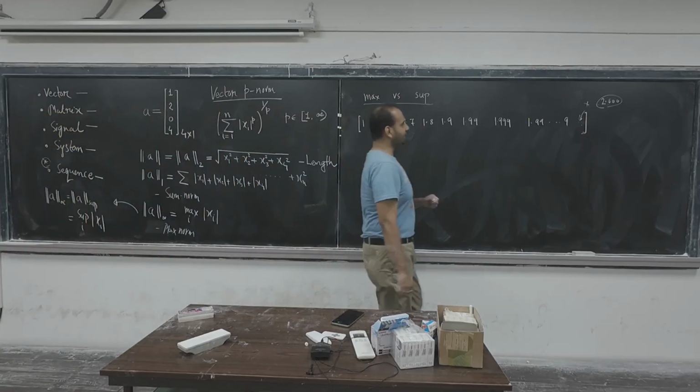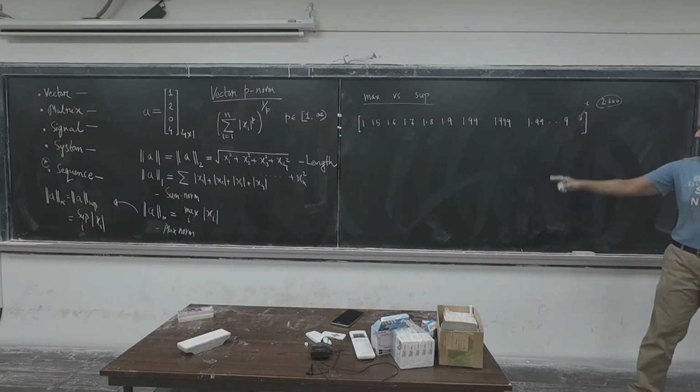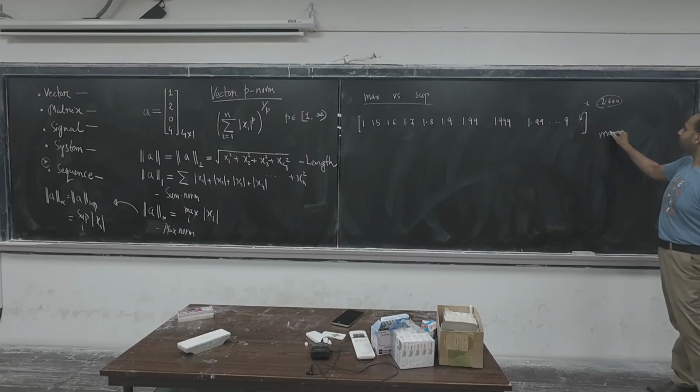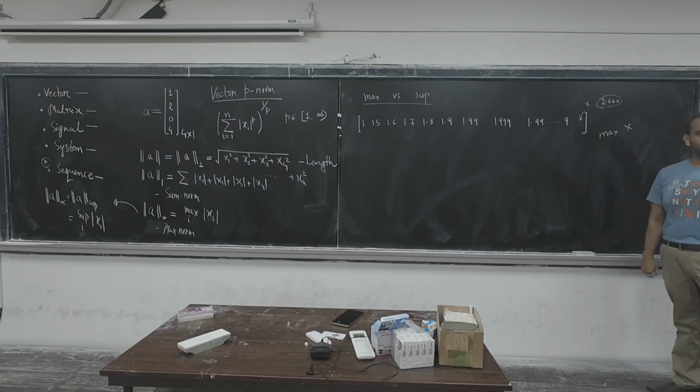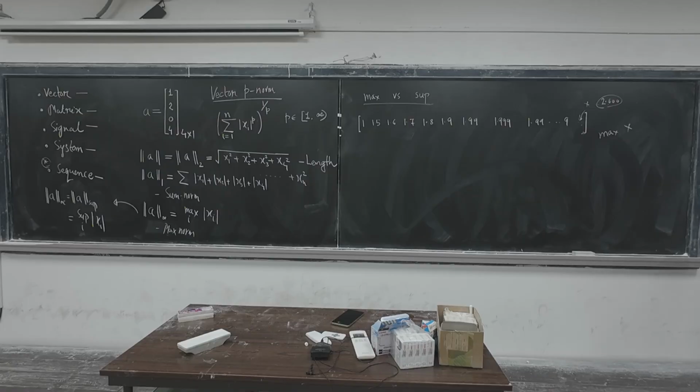For such a set, usually we don't write max because this is continuously increasing. If you apply the limiting value, then only you will get 2. After 2, it won't further increase. So that 2 is the supremum. Okay? That is the reference.